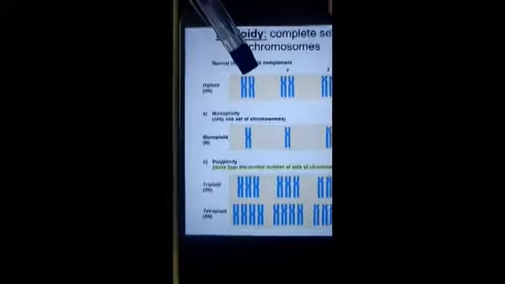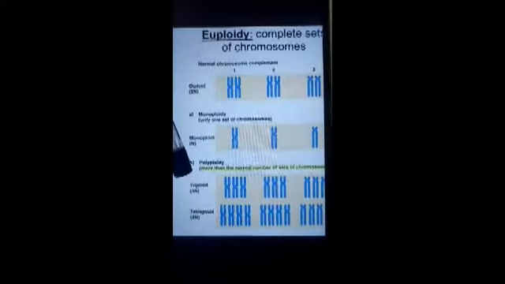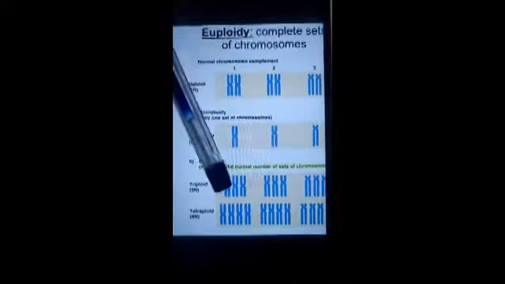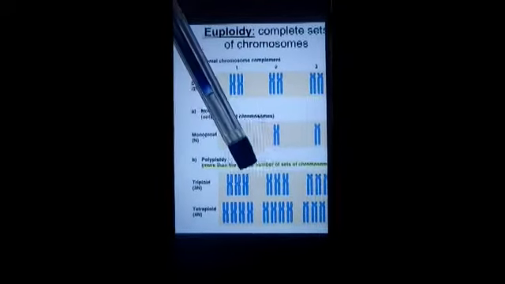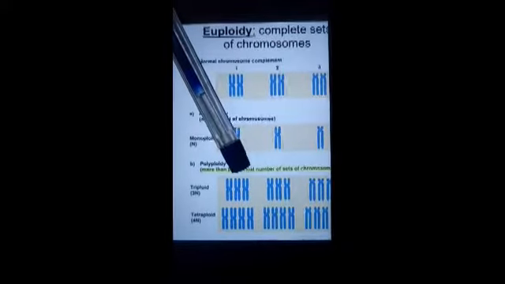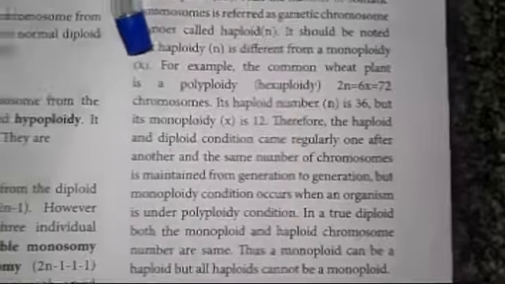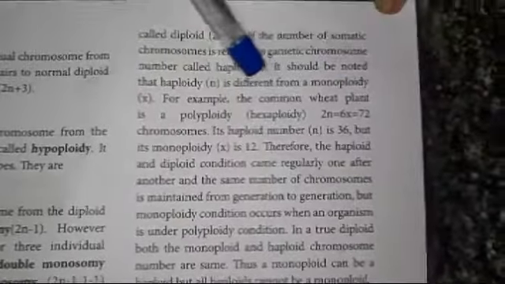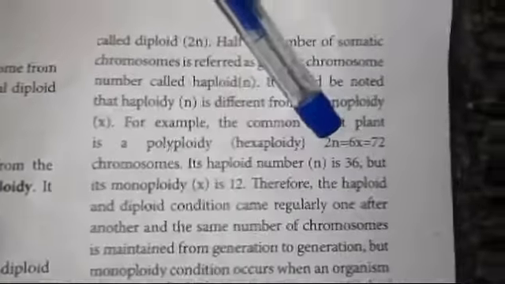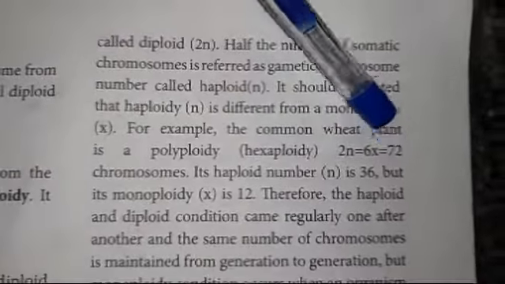For example, the common wheat plant is a polyploid. Polyploid means it possesses more chromosomes, either 3 or 4 in each set. The common wheat plant is a hexaploid. The diploid number is 2n equal to 6x, 72 chromosomes.